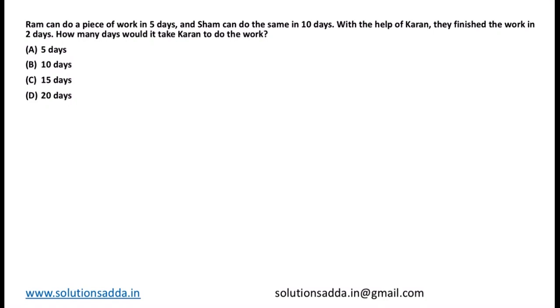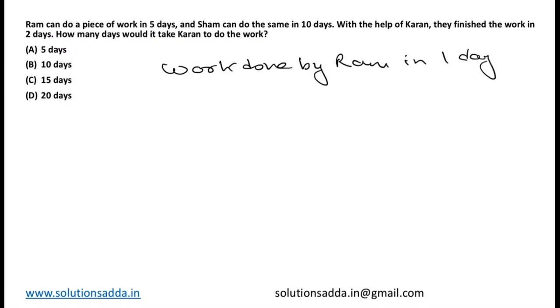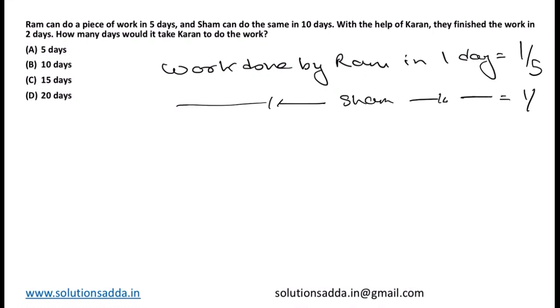Hence, work done by Ram in 1 day is 1/5 of the work. Similarly, work done by Sham in 1 day is 1 by 10. With the help of Karan, they finish the work in 2 days.